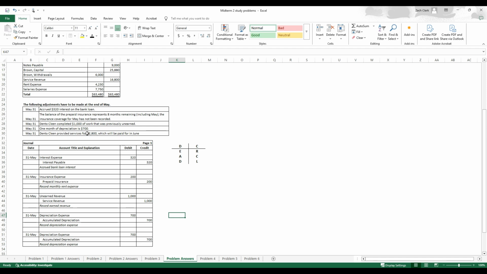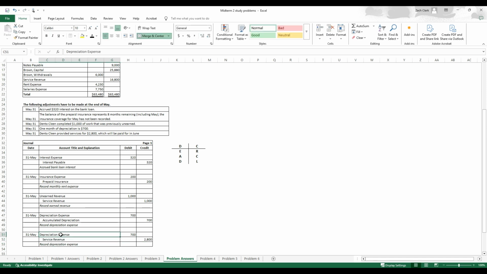Okay, and then the last adjusting entry: we provided some services that are going to be paid for later. So this is kind of the opposite of an unearned revenue, where we got the cash but hadn't yet earned it. This is us providing services but not yet getting the cash. So it is service revenue now because we already earned it.